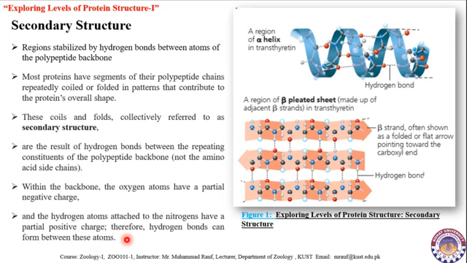So here the bonding is between the oxygen of the carboxyl group and the hydrogen of the amino group, but this bonding is different from the peptide bonding, in which the bond forms between adjacent amino acids. Here the bond is formed between the first and every fourth amino acid in the helix.